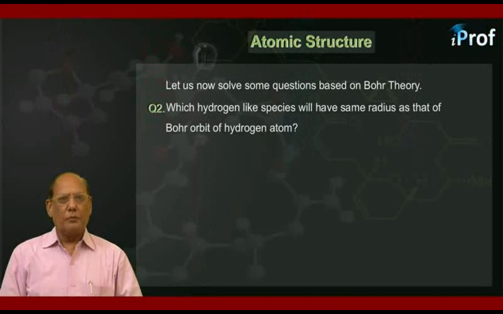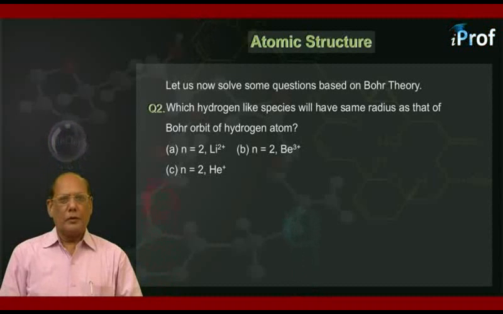The options are A, n equal to 2, Li2+ ion; B, n equal to 2 for Be3+ ion; C, n equal to 2 for He+ ion; D, n equal to 3 for Li2+ ion.